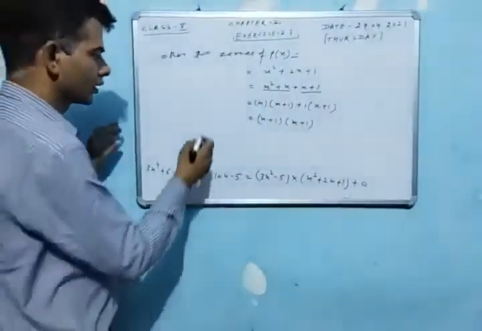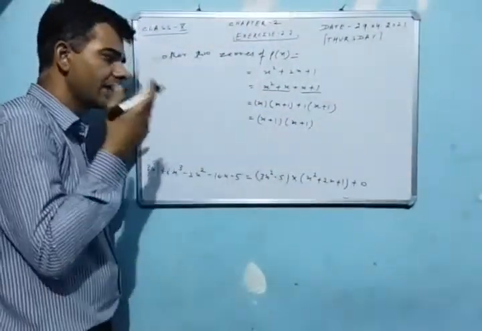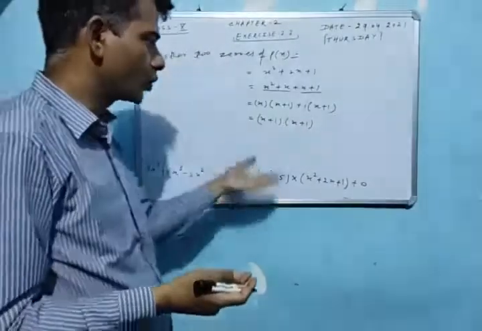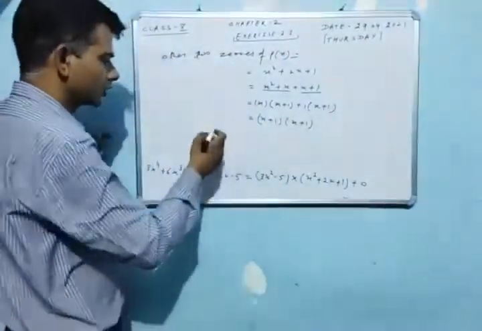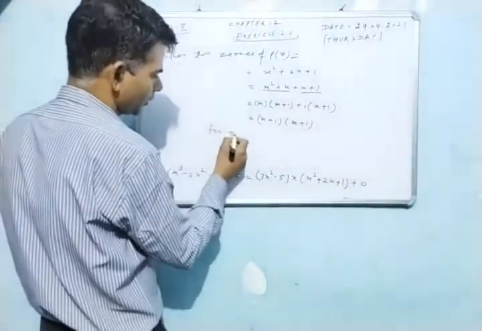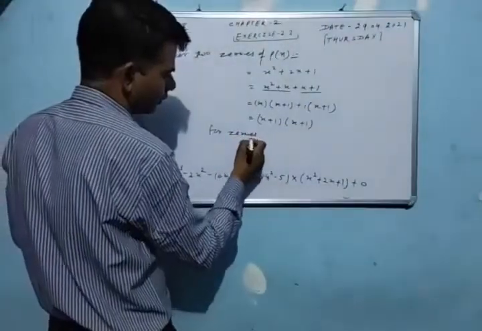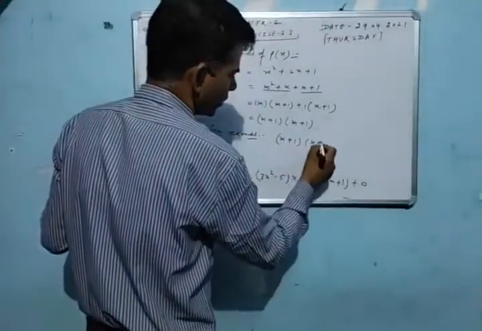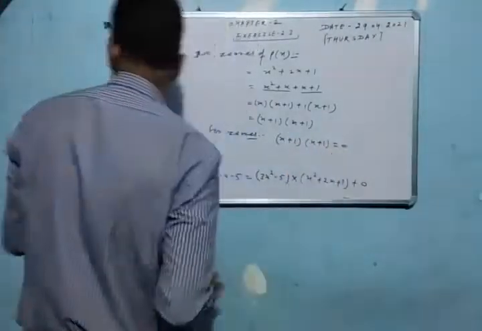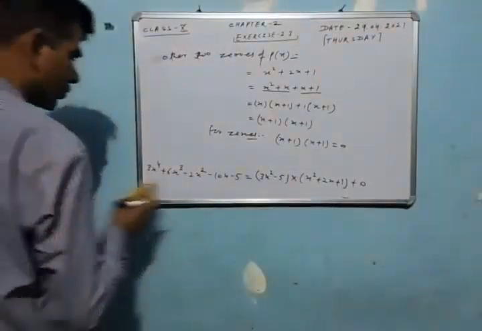For zeros, we have to find the zeros from this factor. Now it will be equated to 0. For zeros, x plus 1 bracket x plus 1 equal to 0.